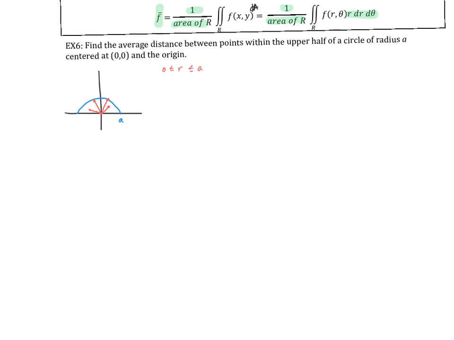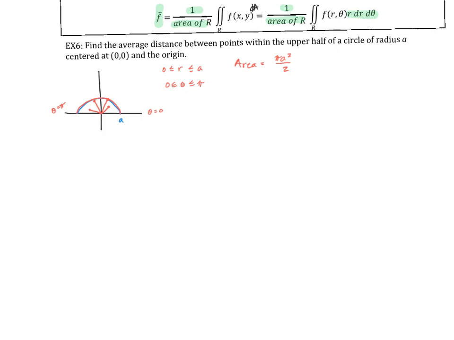My theta values are going to start at 0 and go around to a theta value of pi, which gives me my limits of integration. Well, what is the area of this region? What is the area of this half circle? Well, the area of a circle is pi r squared. In this case, r is a, so the area of the circle is pi a squared, but I only need the half circle, so the area is going to be pi a squared over 2.